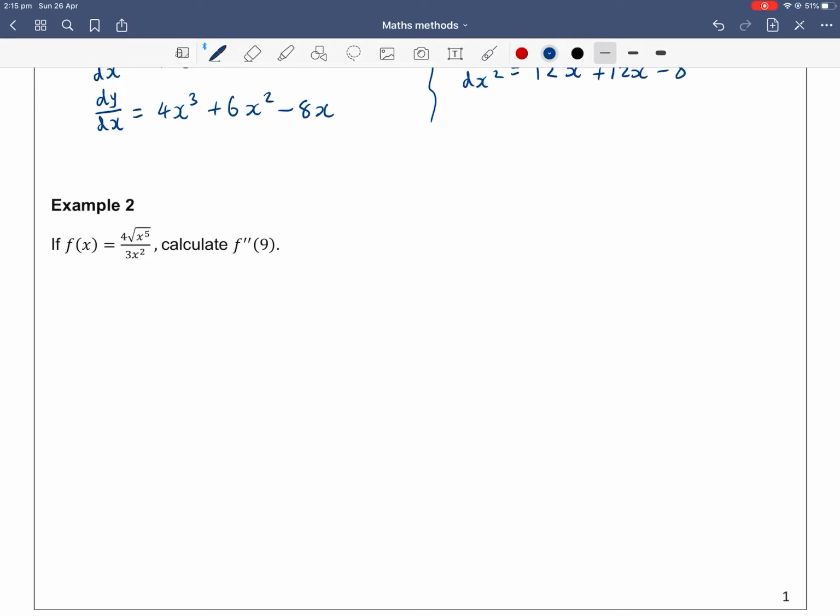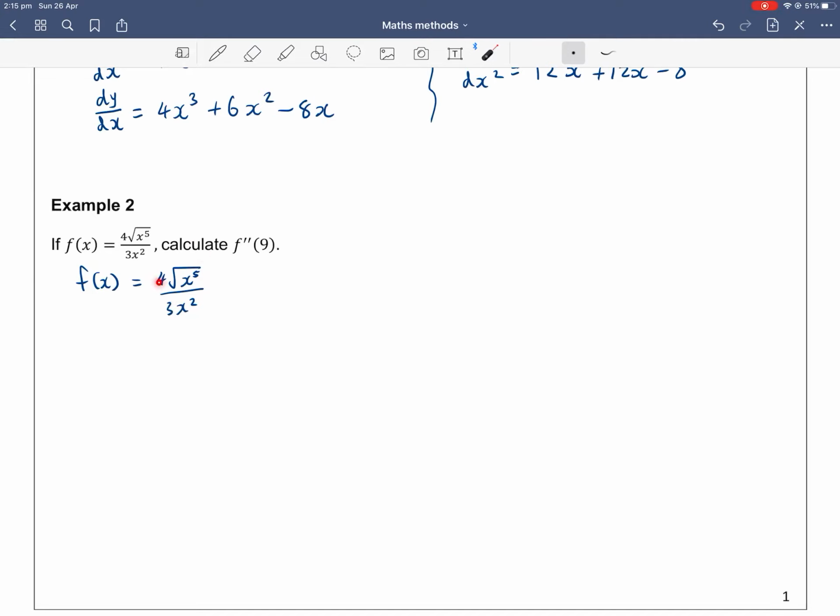Example 2, it says if my function is f of x equals this guy, work out f double dash, which means second derivative, when x is equal to the value of 9. So let's write down our function. f of x is 4 square root of x to the 5 over 3x squared. If you want to differentiate this, since there's x's top and bottom, you could use the product rule.